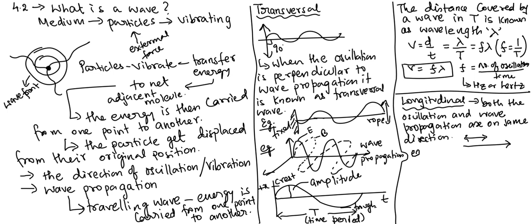This has a best example, which is sound, but then sound travels a little differently. See, when we say the word hello, the moment I say the word hello from my mouth, the particles near my mouth start vibrating and then they get compressed, whereas the next set of particles are actually in the normal state.